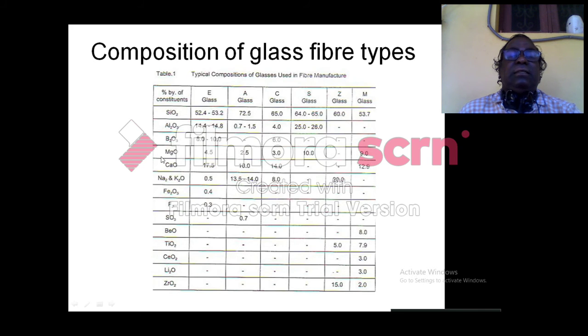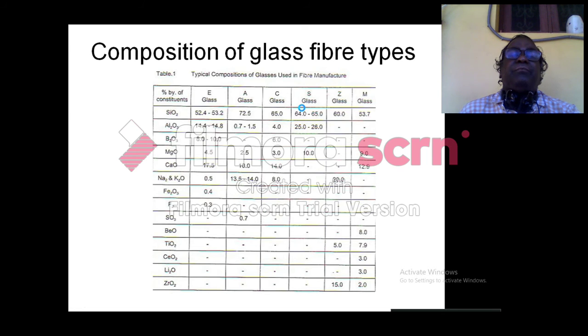Based on the glass grades, this chemical content varies. The glass mainly consists of silica and aluminum oxide. The grade varies for the different purposes of application. If it is the electrical field, it is E glass, like that. It will vary based on the application.